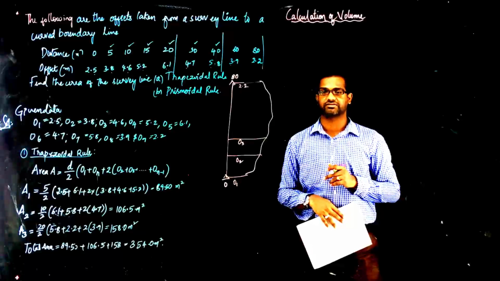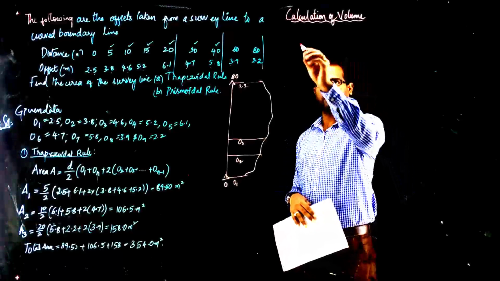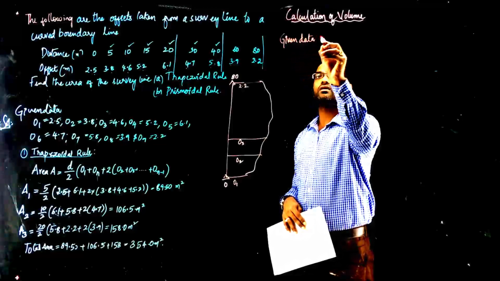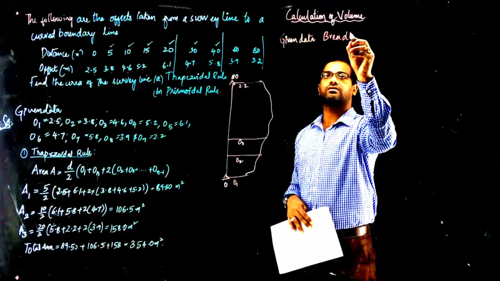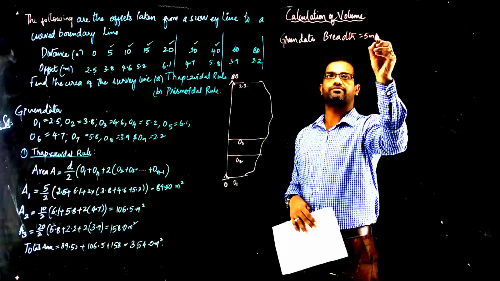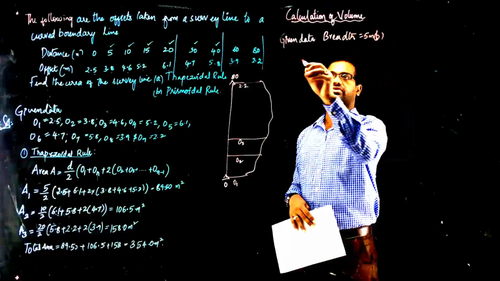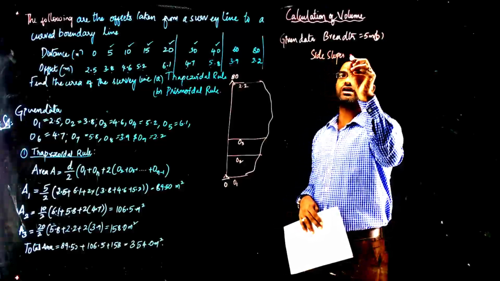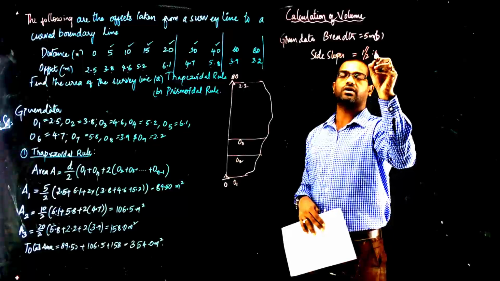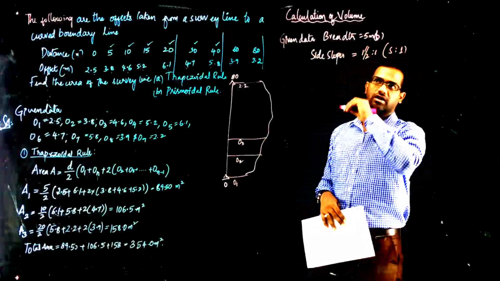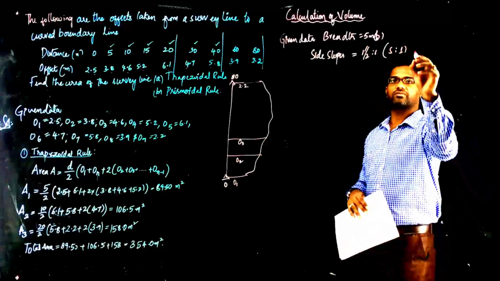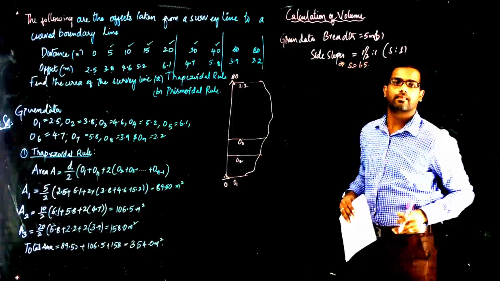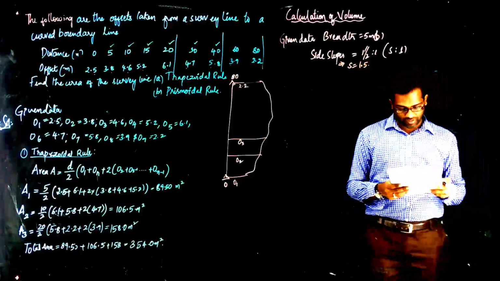There is a continuation to that problem, but I am writing down the given data for the time being. The breadth is given as 5 meters, denoted by B, and the side slope 1.5:1 is denoted S:1. So from here your S value is 1.5. Simple, right?